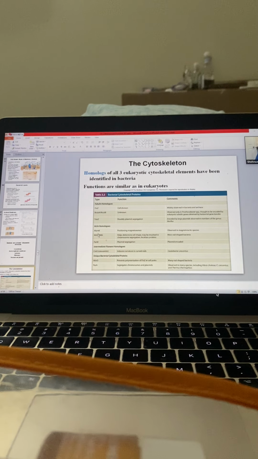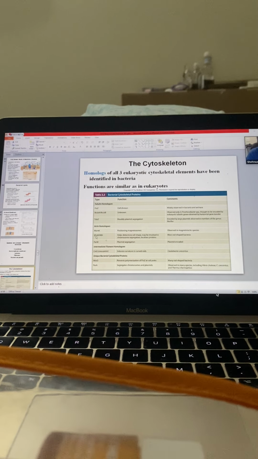Then we have a couple of actin homologues, which we call MreB or Mbl. And this is found in most of the rod-shaped bacteria. And this actually is very important in determining the cell shape, and may also be involved in chromosome segregation, or it localizes certain proteins also. So MreB and Mbl have been worked out quite a bit.